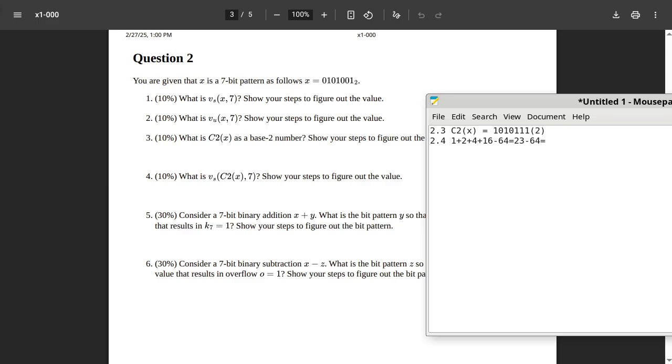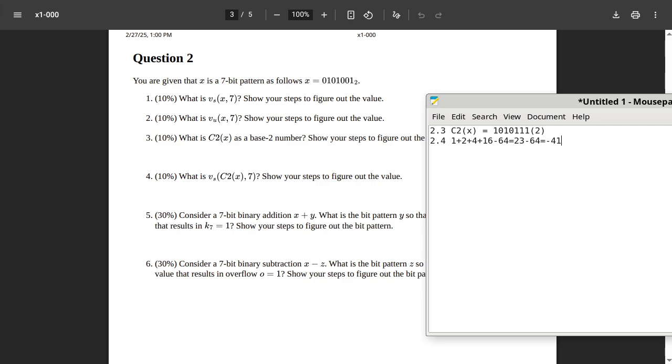Arithmetic, I hate arithmetic. Negative 41. Not surprising! Because if it is anything other than negative 41, then you should go back and ask, did I do something wrong here? Because two's complement is how we do arithmetic negation using only binary operations.